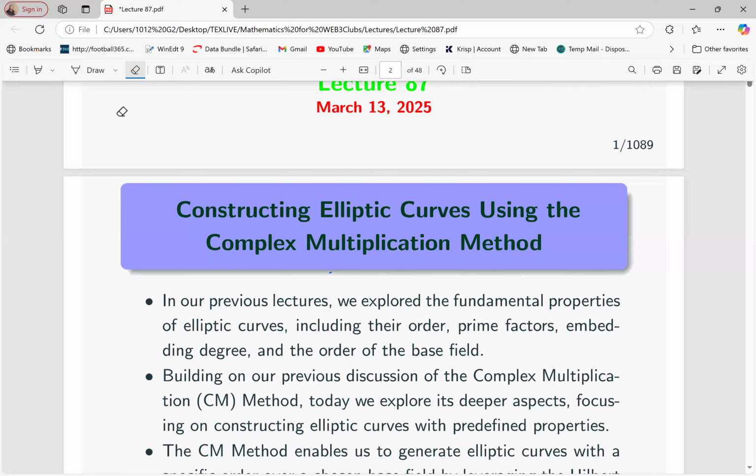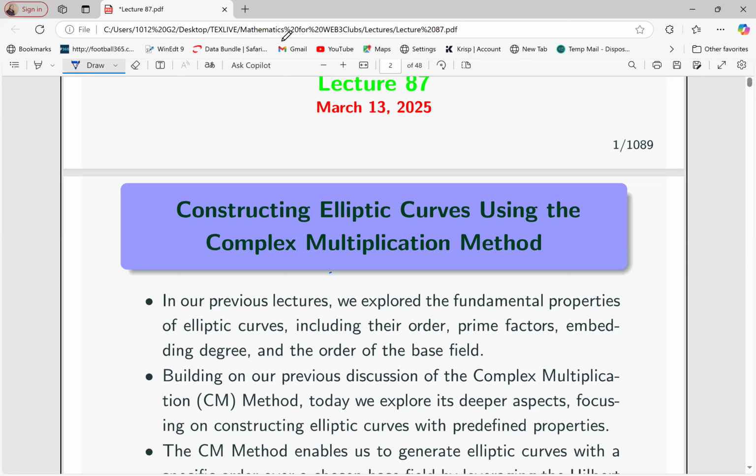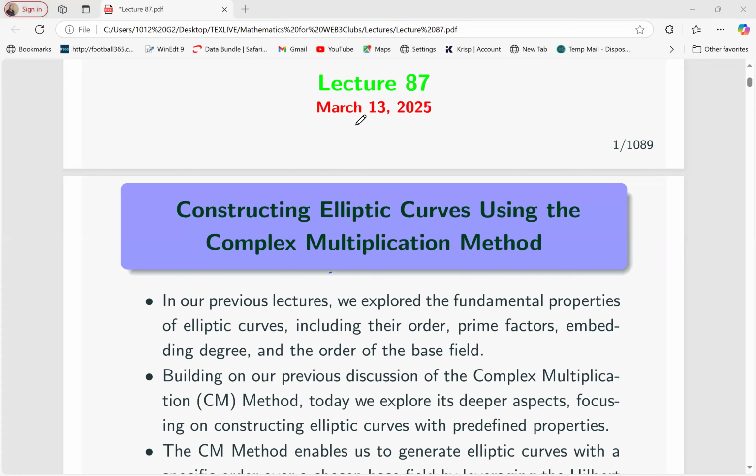So I was just recapping what we had already done in the previous days, and yesterday also. Partly I was going through the steps for constructing elliptic curves.